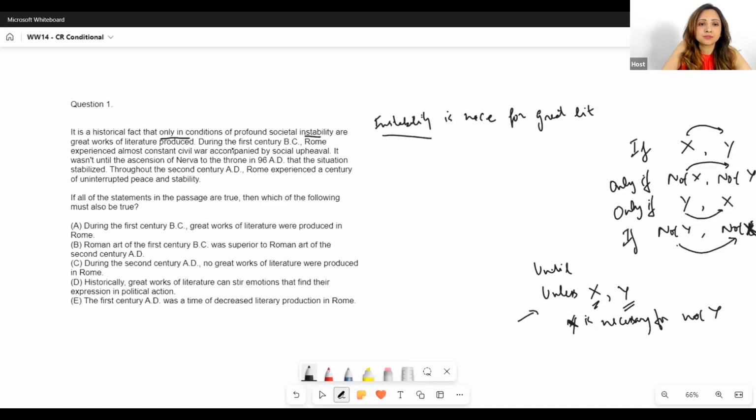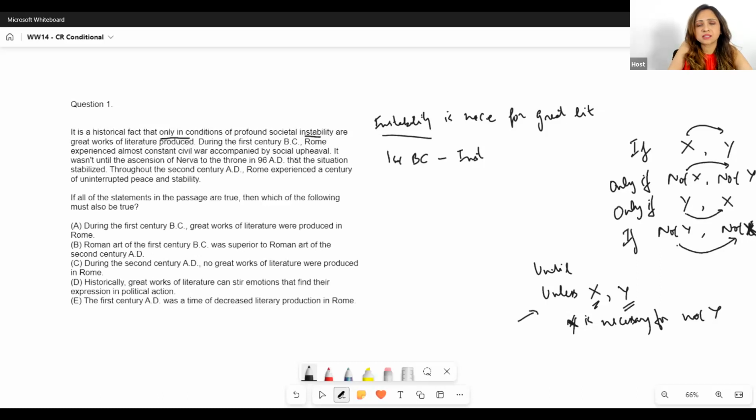All right. During the first century BC, Rome experienced almost constant civil war accompanied by social upheaval. So they're talking about the first century BC. So they're saying there was instability at this time. And it wasn't until the accession of Nerva to the throne in 96 AD that the situation stabilized. Throughout the second century AD, Rome experienced a century of peace.